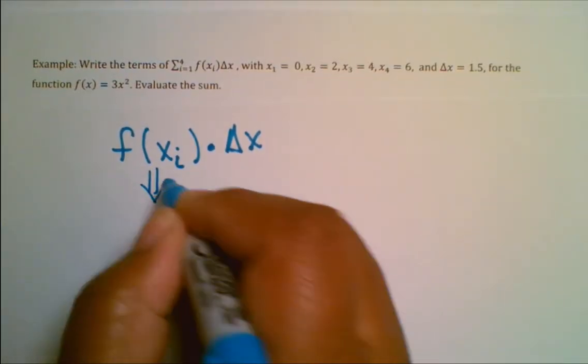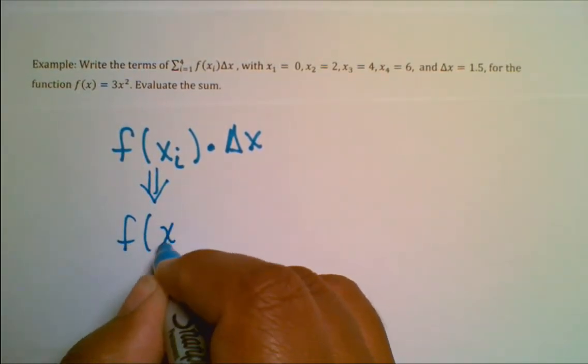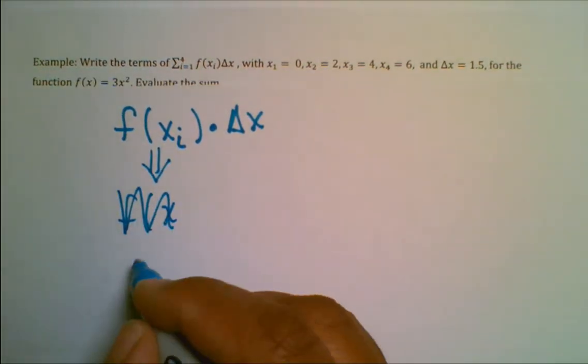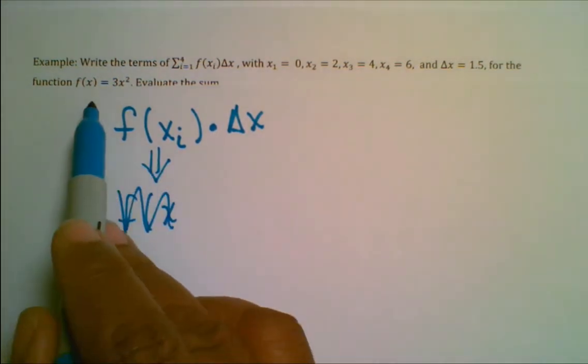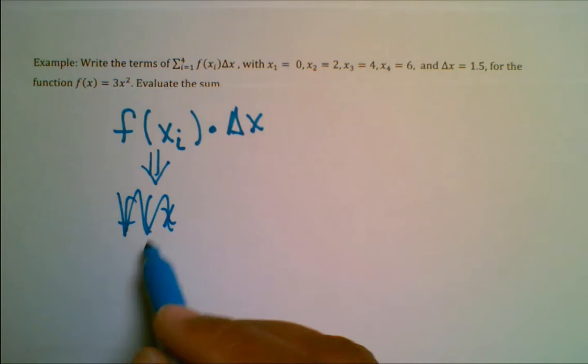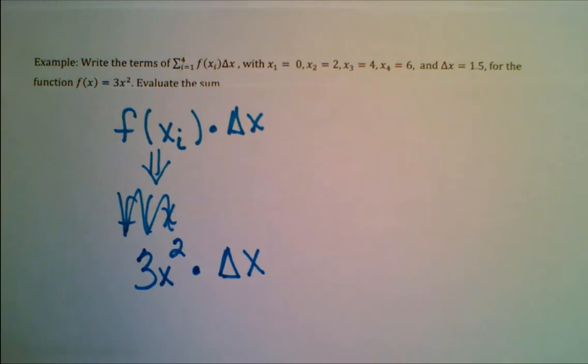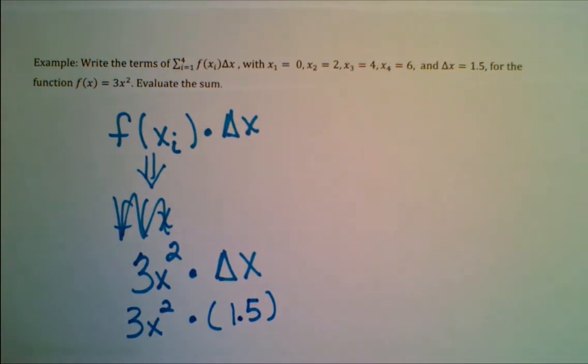So f of x is the same thing as saying 3x squared times this delta x. That's how this question is formulated, giving us some values that we're going to plug in. Now, delta x, we know that it says delta x is 1.5.